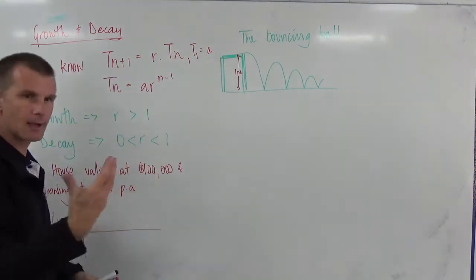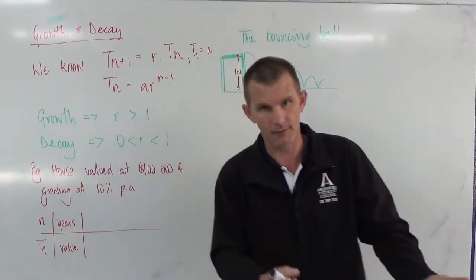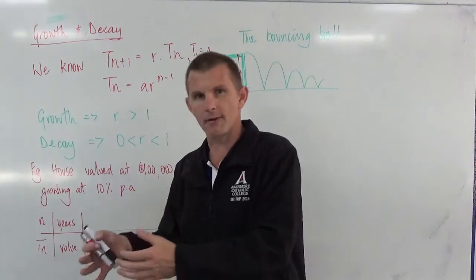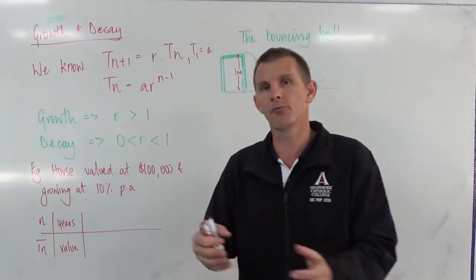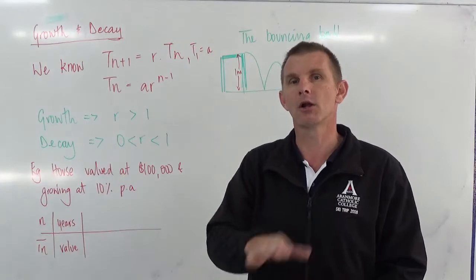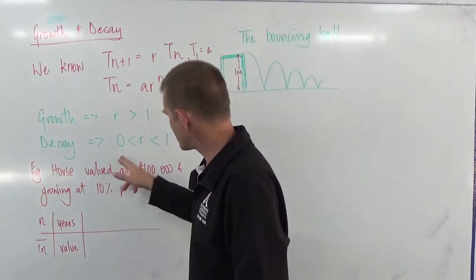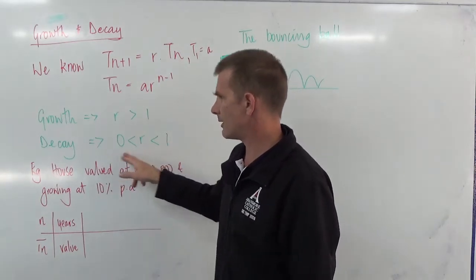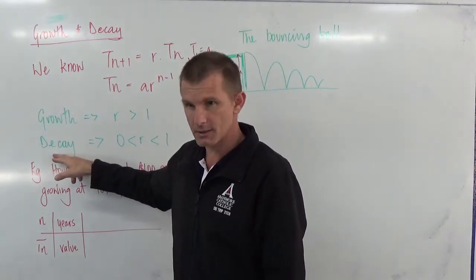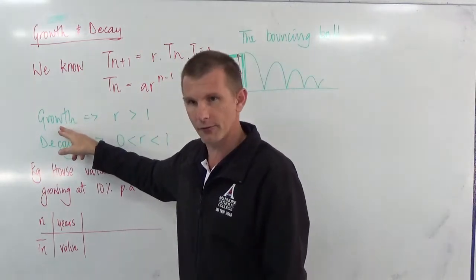Think if you take $100 and multiply that by a half, you end up with $50. Multiply that by a half again, you end up with $25. Multiply by a half again, $12.50. And so it keeps going closer and closer to 0, but never gets there. Okay? So if you've got an R value in here, you're in a decay situation. If your R value is greater than 1, you're in a growth situation.